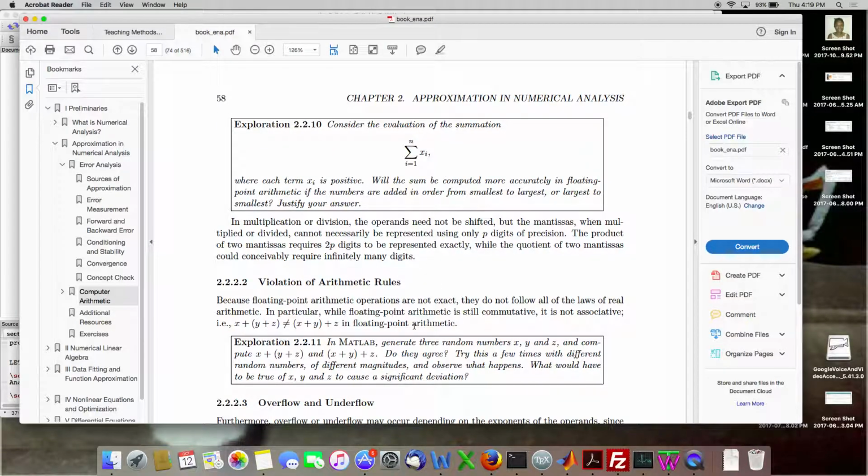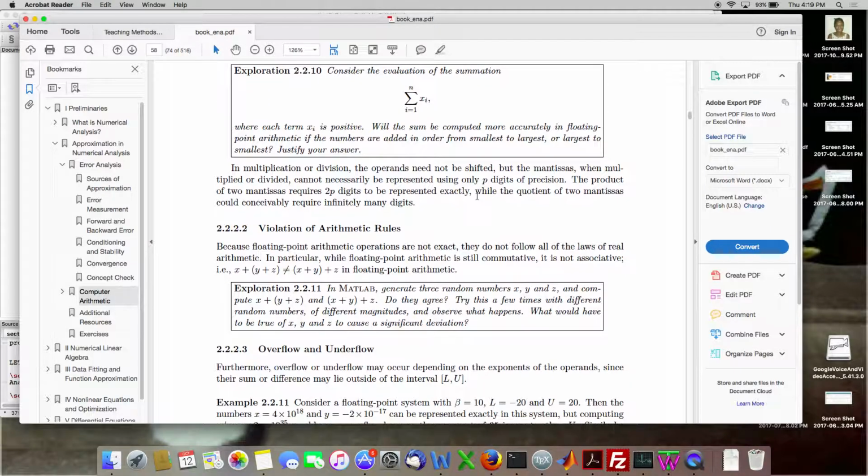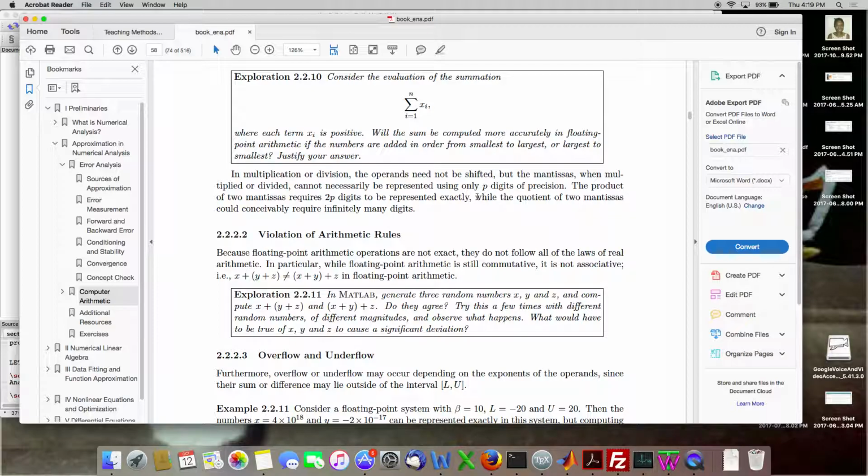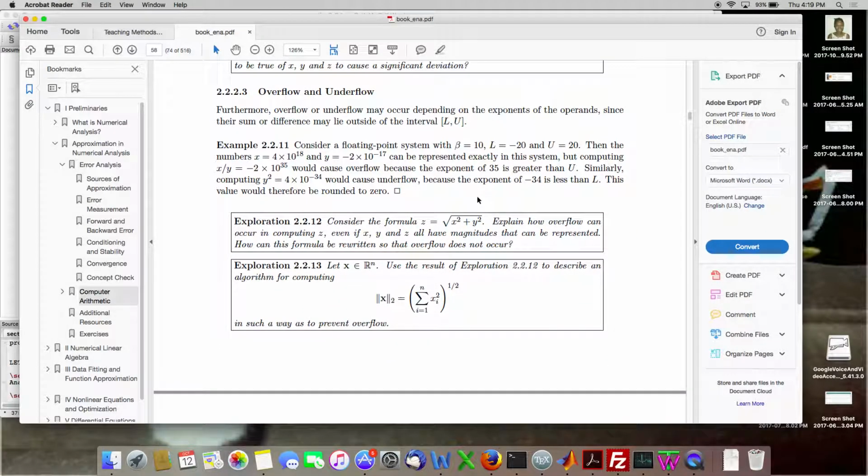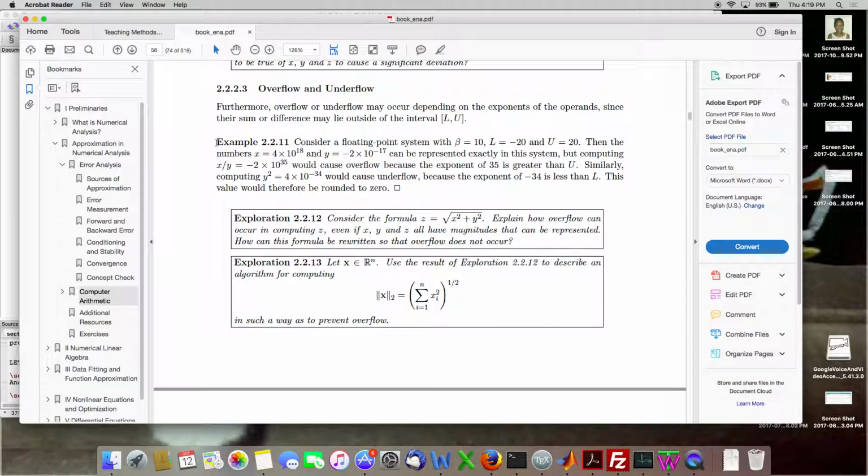These two are closely related because they both deal with addition and the problems that can arise from that. Also, for underflow and overflow, this example gives you an idea of how, even though you're dealing with numbers initially that are representable, certain operations could lead to either underflow or overflow.